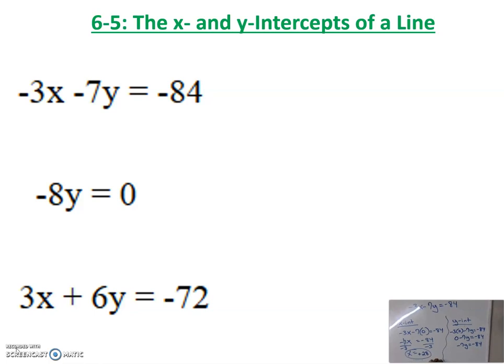Okay, and now I'm just going to divide both sides by negative 7. So then I get y equals a negative divided by a negative is a positive. And 84 divided by 7 gives me 12, right?